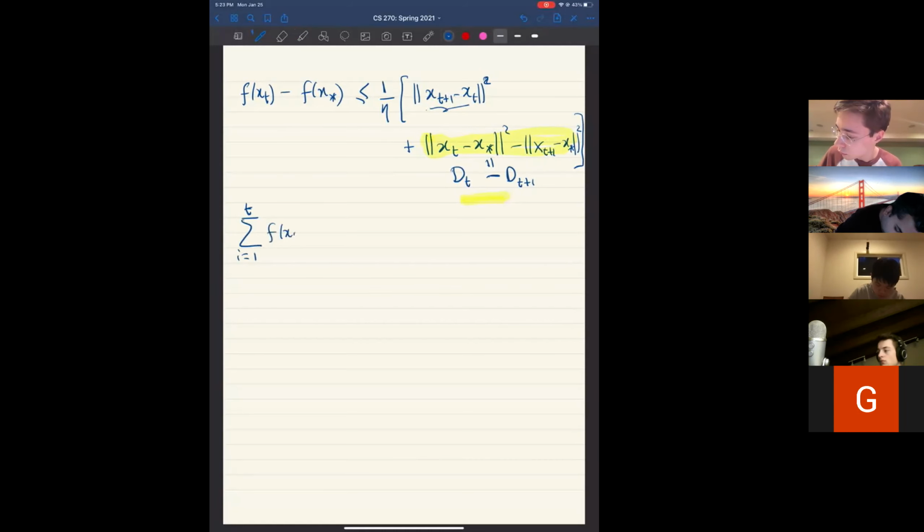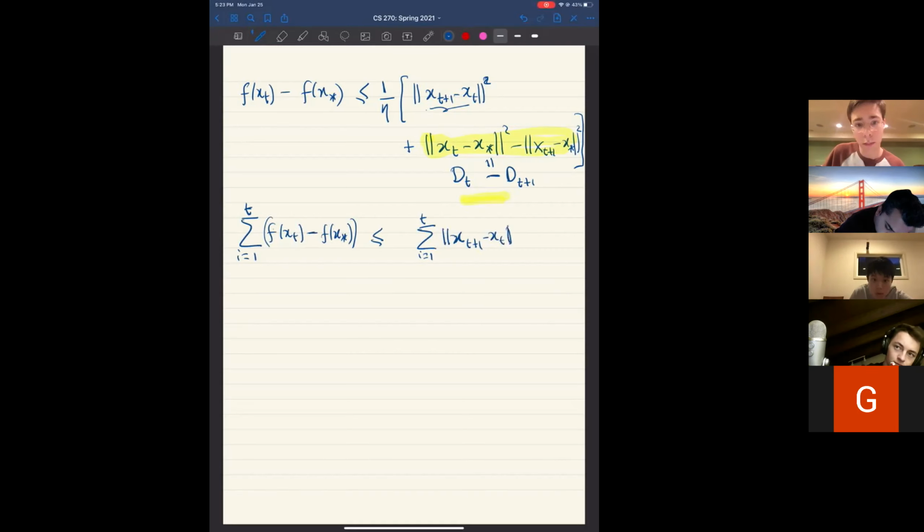I'll have f of xt minus f of x star is less than or equal to, well, the first term you can't do anything, you're just going to add it up over all i equal to 1 through t. The first term is the sum of squares of how much you move in each step. I'm going to keep it that way.